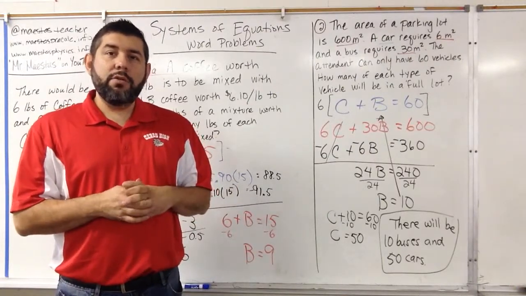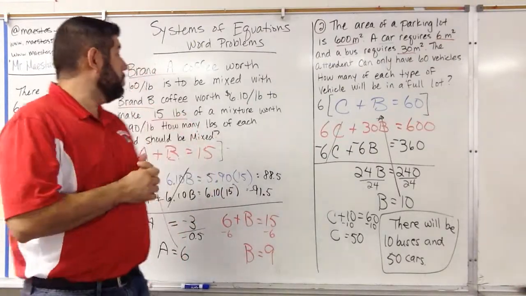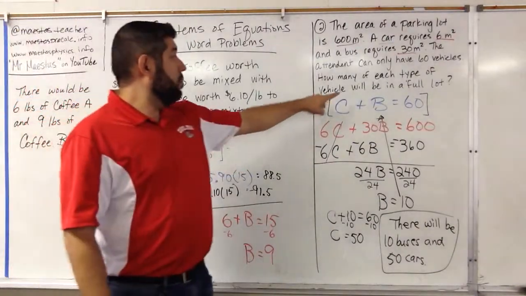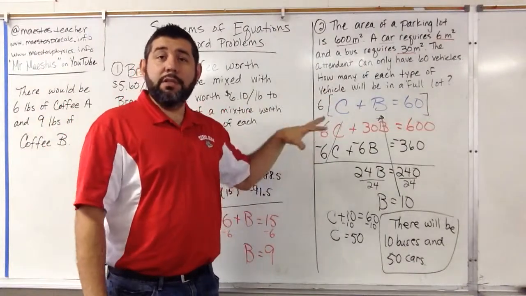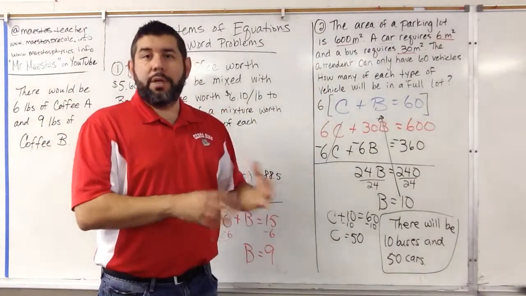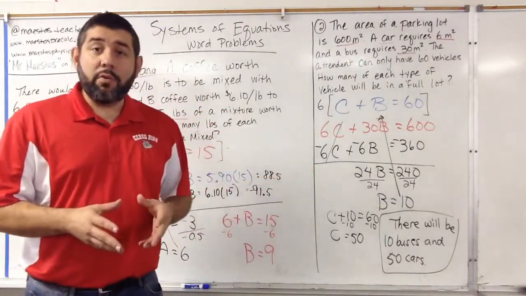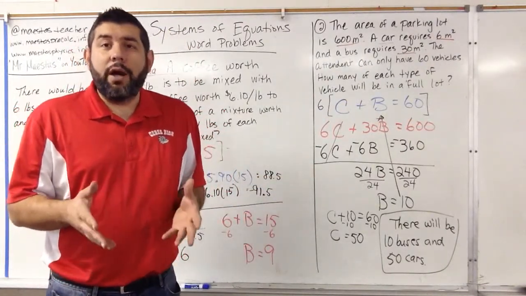Second, make sure you know what you're looking for in the end. I would underline how many pounds of each, how many of each type. In these two, we found both A and B and C and B in this case. But sometimes the questions just ask you for one.